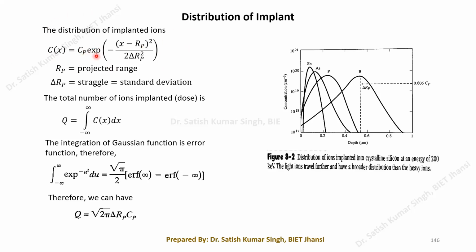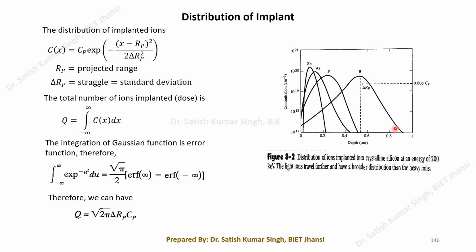That will be C_p exponential of minus (x minus R_p) whole square divided by 2 delta R_p square, where delta R_p is called the standard deviation, or also the straggle point. So if this is R_p, then the range from R_p minus delta R_p to R_p plus delta R_p contains the maximum amount of your dopant material, and after that the dopant concentration reduces drastically.